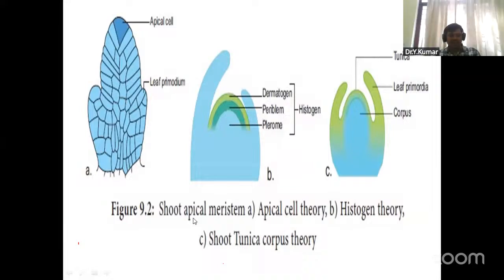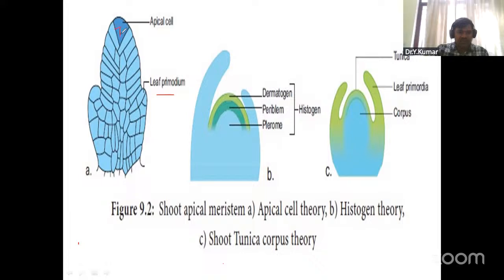If you see the shoot apex theories, first A apical cell theory, B histogen theory, C tunica corpus theory. In this apical cell, of course leaf primordia are formed, but here there is only one active cell, the blue colored one.